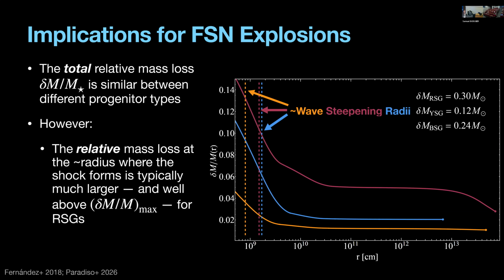In this case, I just picked 3 random ones, because this is from Rodrigo Fernandez's paper in 2018. That yellow supergiant is pretty peculiar. It's strangely compact relative to the blue supergiant. So I agree. I think if you did more of a population synthesis of this, it would be somewhere in between. Thanks.